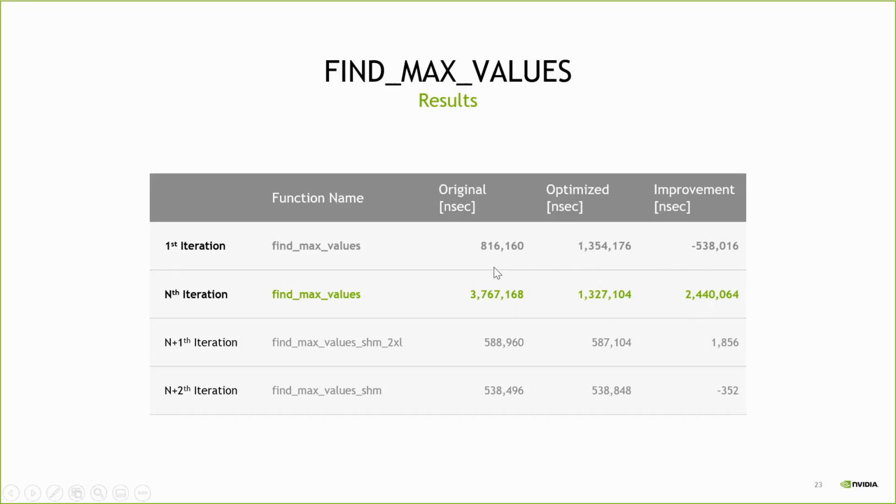But I also want to point out that for the first iteration, where John mentioned every voxel is in its own group, we actually made it a little slower. So there is a balance between the first iteration and this other one. But what's interesting is that you can see the optimized kernel has a somewhat consistent performance across those first n iterations, while the other one, because of the atomic collisions, increases, and therefore performance went down over time, while in the other case we can counterbalance that and have a good speedup.